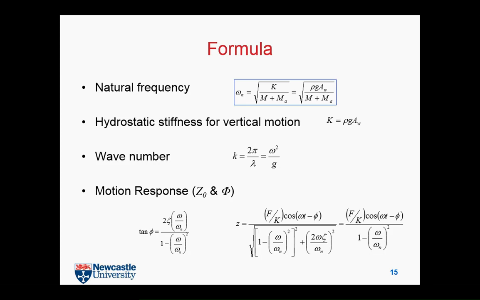So when you need the wave response, you need to define the maximum force. You need to define the natural frequency, the stiffness and natural frequency. So after you have the values for them, you can estimate what is your maximum motion. And you can find all of them from the table.